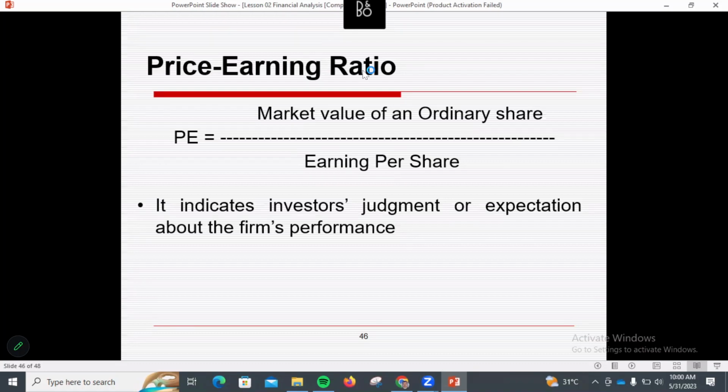The market value is the quoted price of the ordinary share by the participants in the secondary market. When the earnings per share is higher, the market value would be higher. So there is a connection between the earnings per share and the market value.